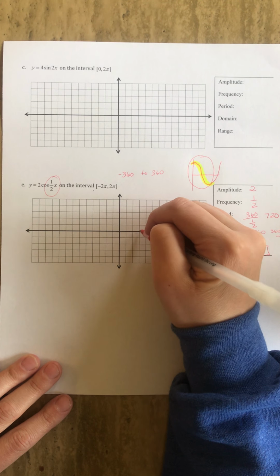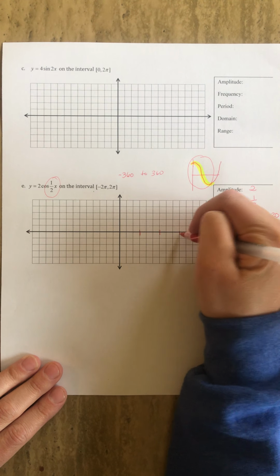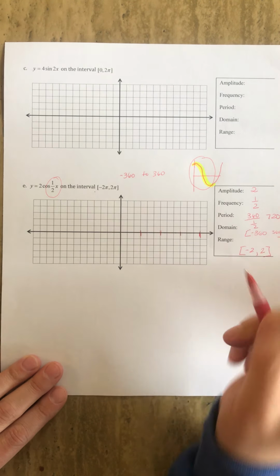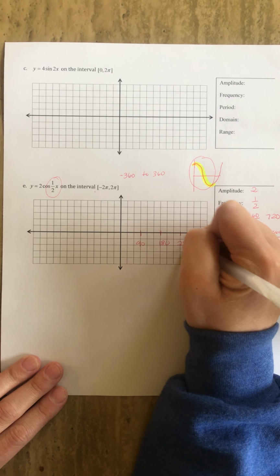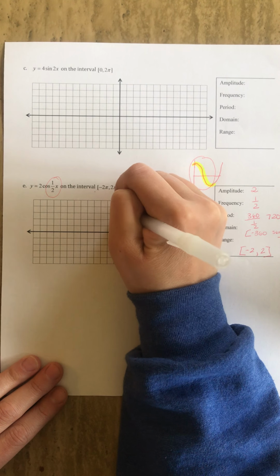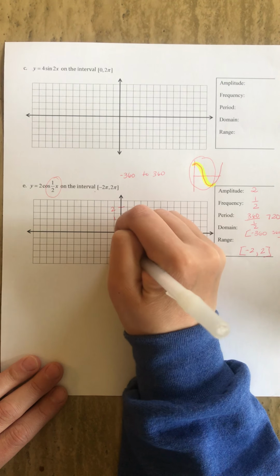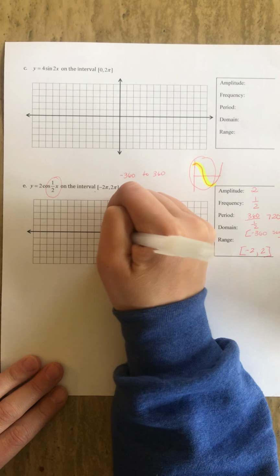So we're going to go 1, 2, 3, 1, 2, 3, 1, 2, 3, 1, 2, 3. We're at 90, 180, 270, 360. And we have to go to 2, so 1, 2, -1, -2, and then 1, 2, 3.